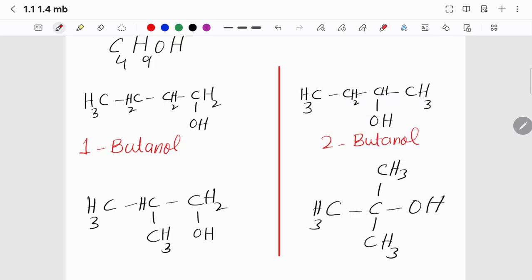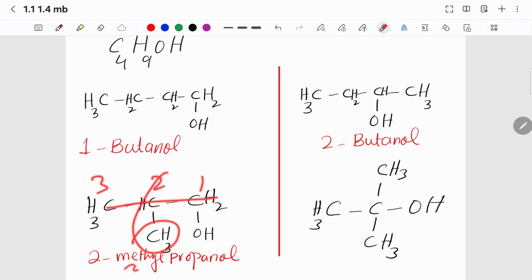And this would be 2-methylpropanol, because at position 1, 2 and 3, at position 2 a methyl group is attached and it's a 3-carbon chain.